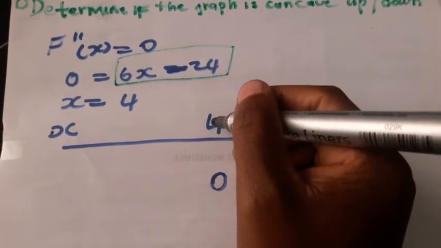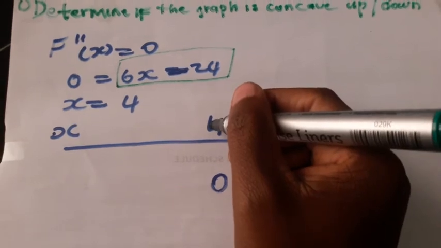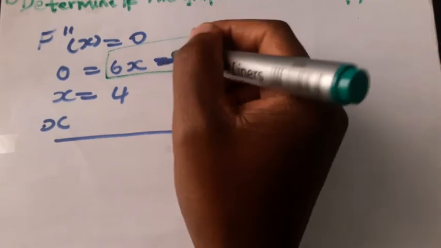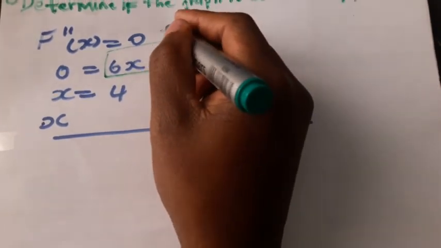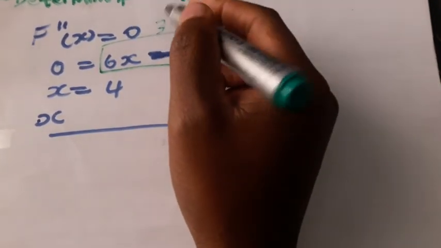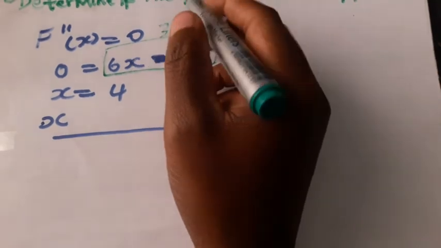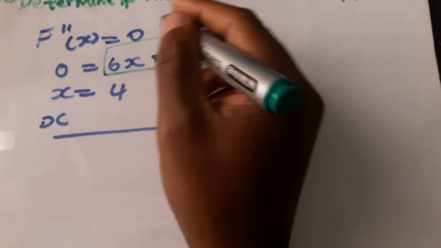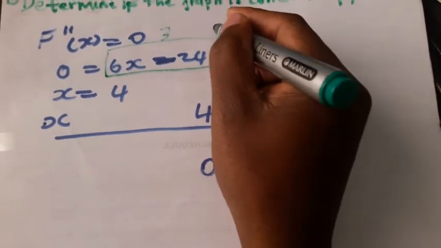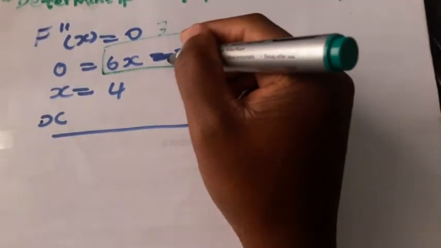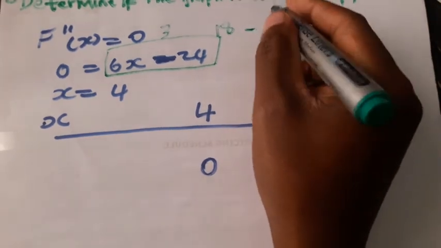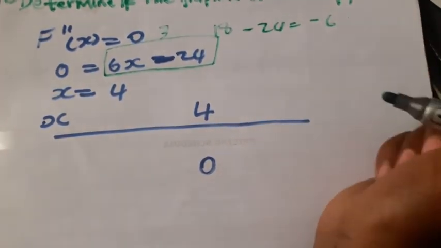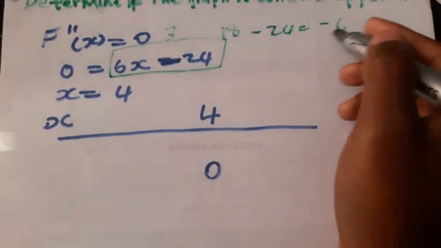For instance, we know that 3 is less than 4, so we take 3 and plug it here. We say 3 times 6, we know that 3 times 6 is 18. Then 18 minus 24, you know that's negative 6.